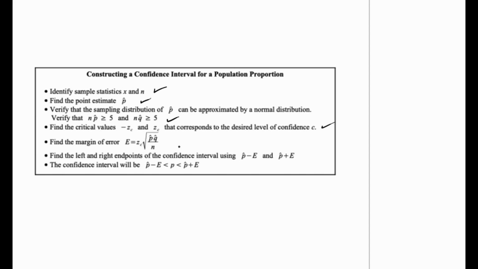We have to find the margin of error, and it has its own formula for a binomial.